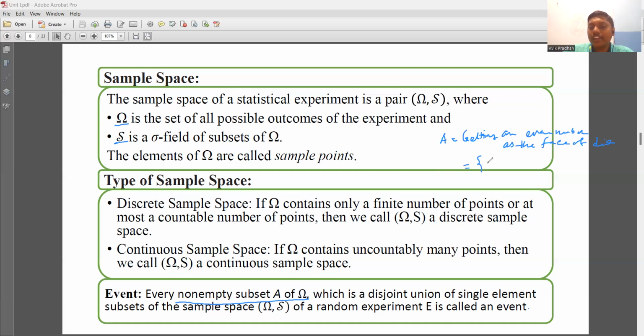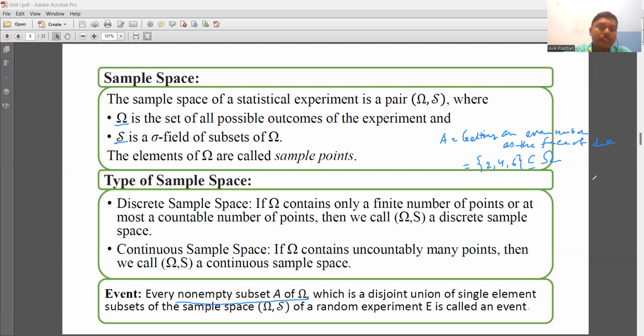This A can contain the even numbers 2, 4 or 6, which is a subset of this omega, which is the set of all possible outcomes of this experiment. So an event is a subset of the set of all possible outcomes omega.